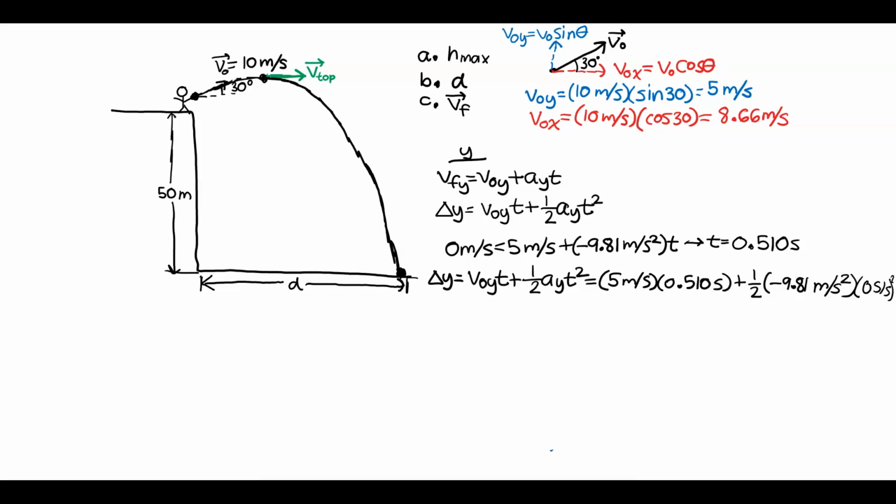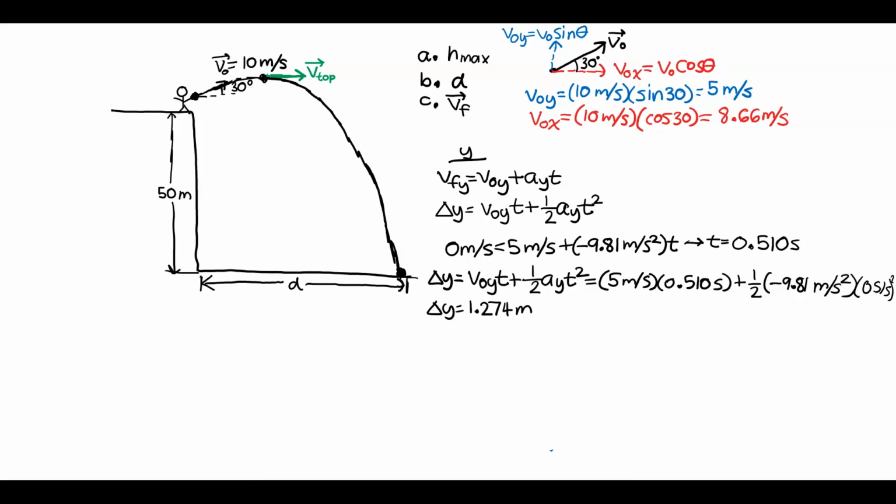Now, let's calculate this value plus 0.5 times negative 9.81 times 0 squared. We should get a value of 1.274. Just double check. All right. So again, delta y is 1.274 meters.